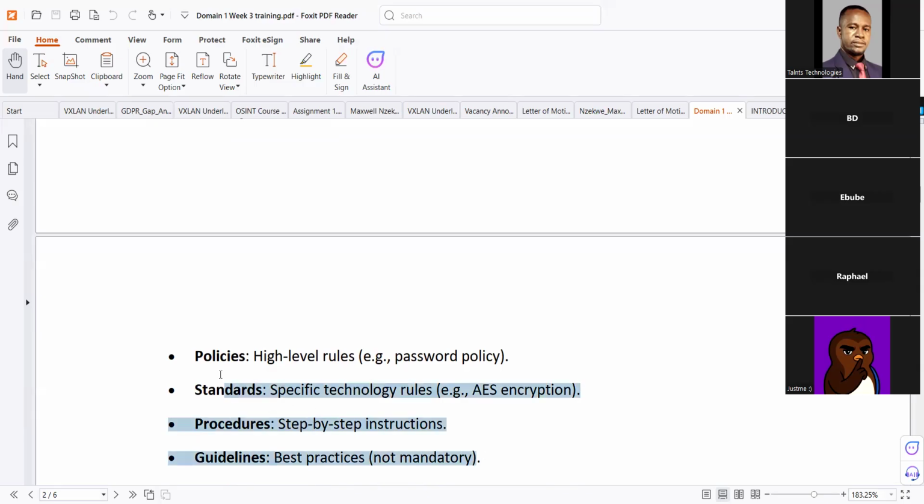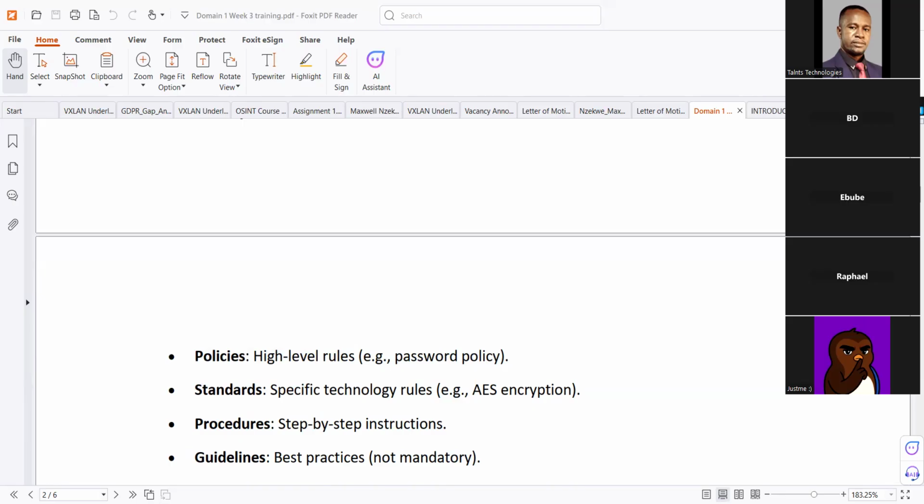They will even give you scenarios. Policies are high-level rules, while standards are specific technology rules.